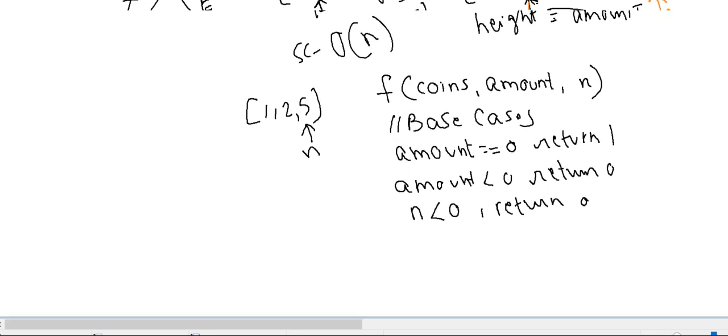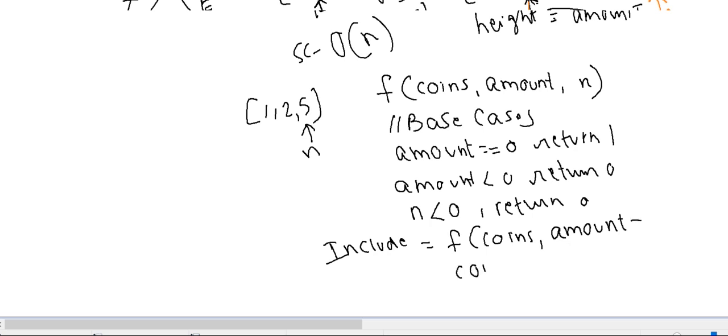And what are my recursive calls? I'm going to do include. When I do include, I'm including that coin, so amount will be equal to amount minus coins of n. And I'm not going to do anything with the index when I'm including, because I can still reuse this coin again and again.